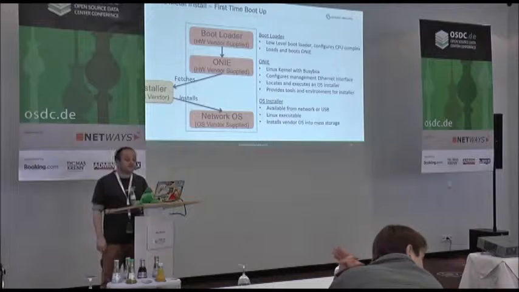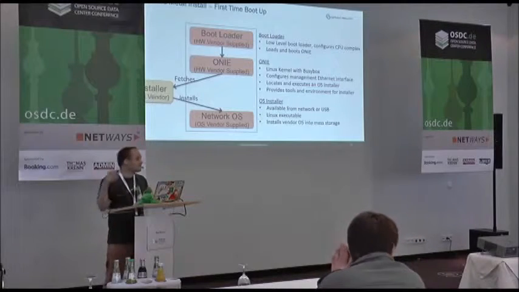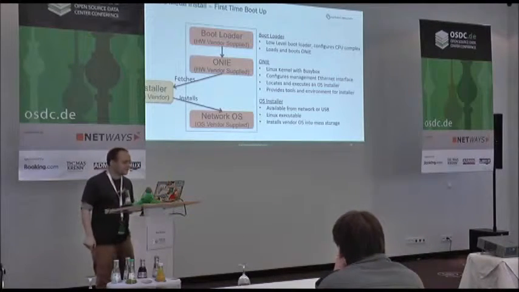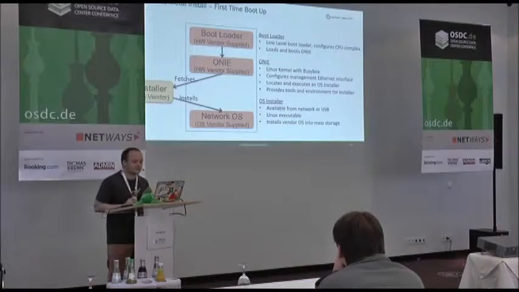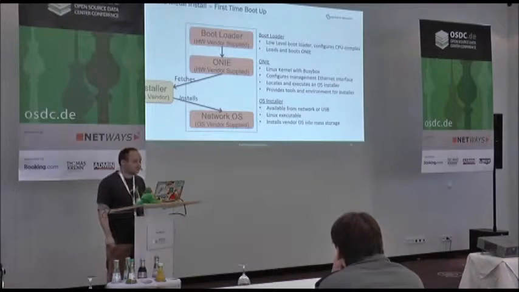It will locate the OS installer, and that could be by a variety of means that we can go through in a minute. ONI provides the tools to look after the storage and the environment for the installer. Then we grab the installer that we find over the network or on local storage, execute that, and install it onto the storage inside the switch.